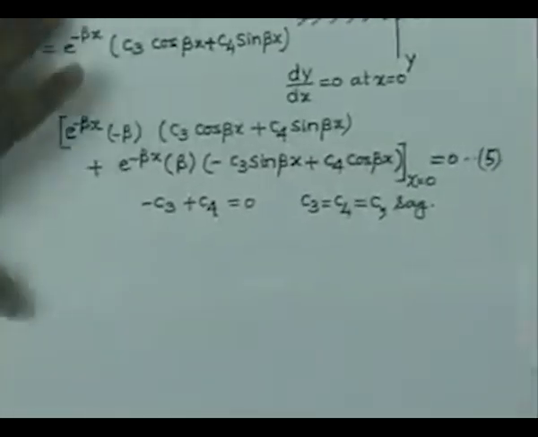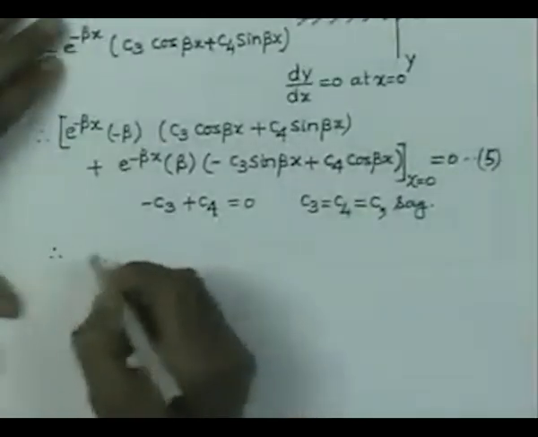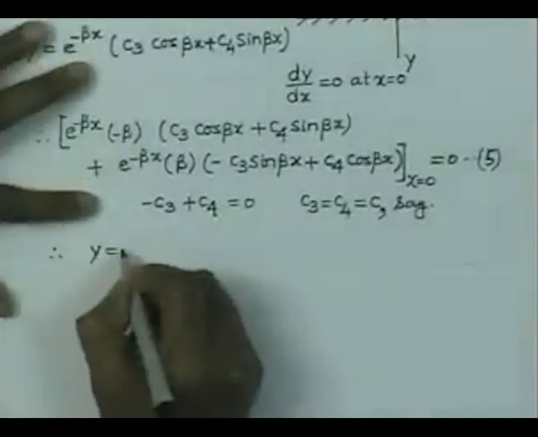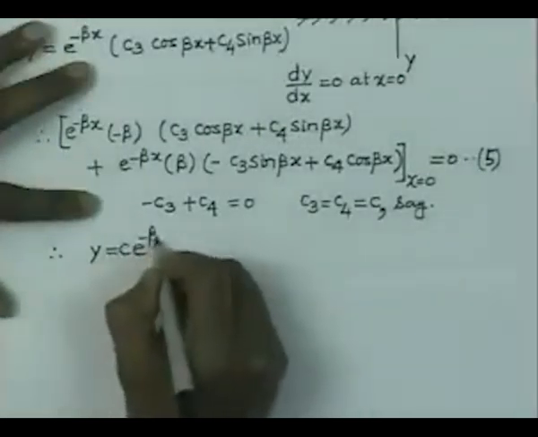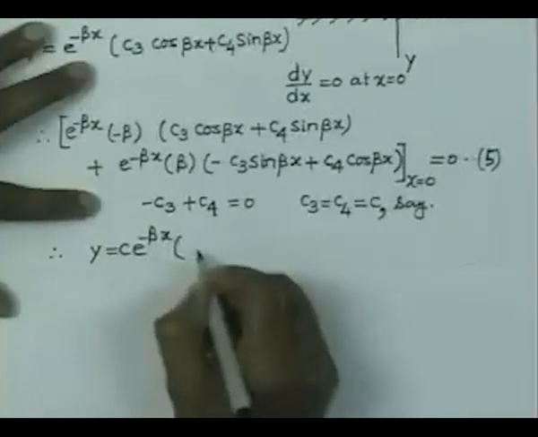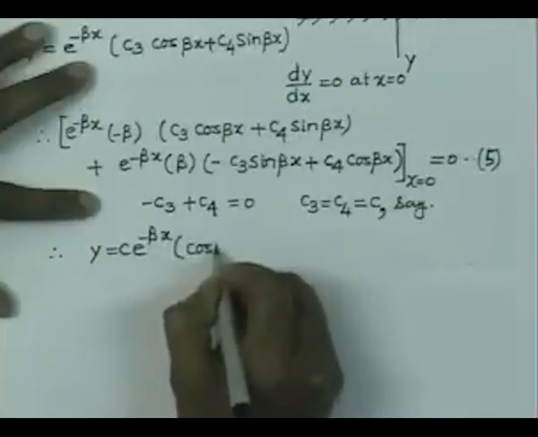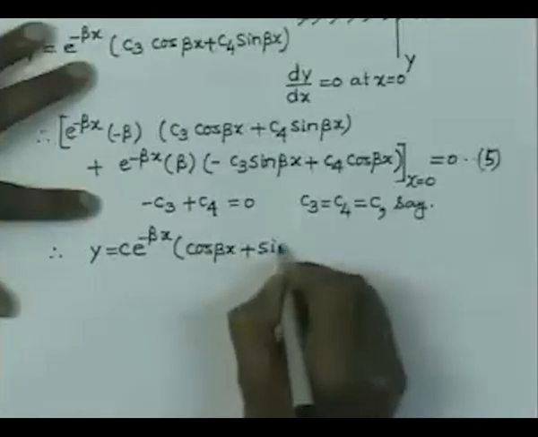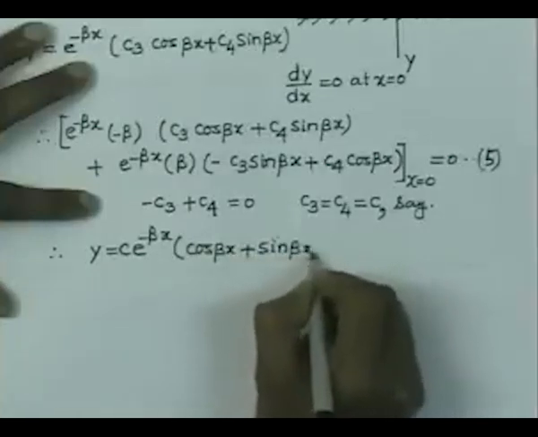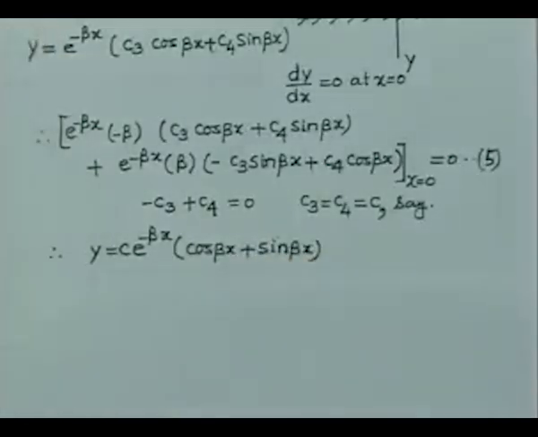So, now we have got y is equal to c e to the power minus beta x into cosine beta x plus sin beta x, that is the value of deflection.